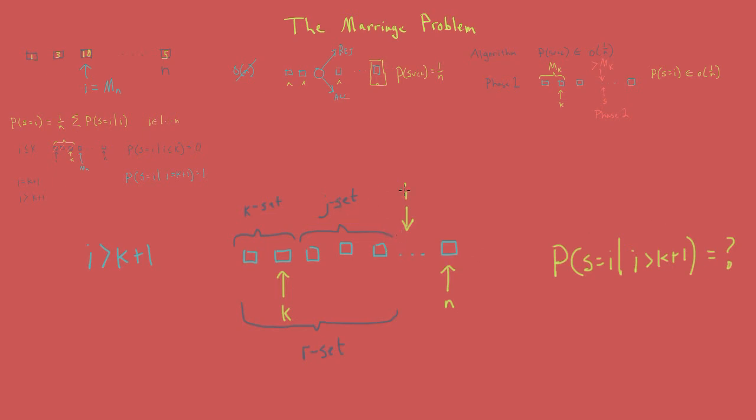Now the proposition that S equals I is logically equivalent to: there does not exist an element E in the J set such that its value is greater than m sub k. Now this proposition is logically equivalent to: m sub r, the greatest value in the R set, is contained in the K set.